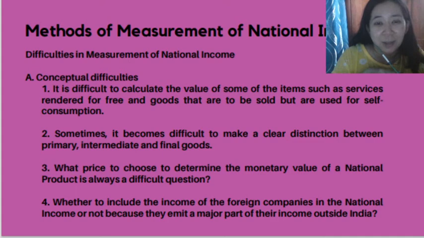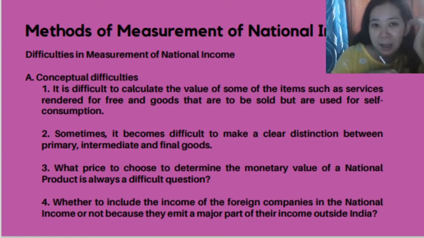So the question there is whether that should be added to the measurement of the national income, or it should be excluded. So that is one. Second, sometimes it becomes difficult also to make a clear distinction between primary, intermediate, and final goods.